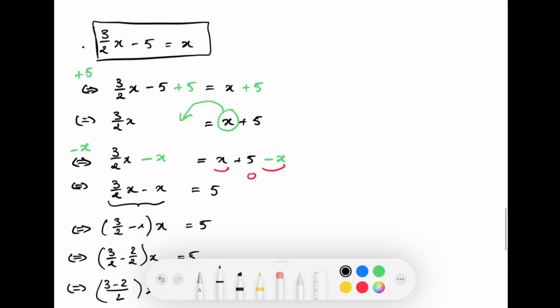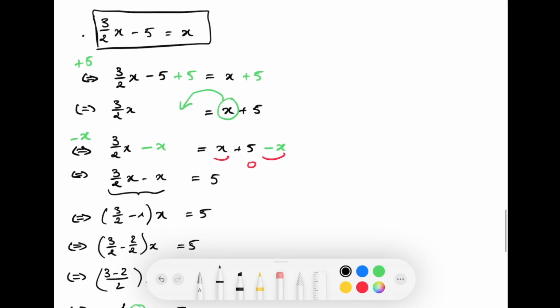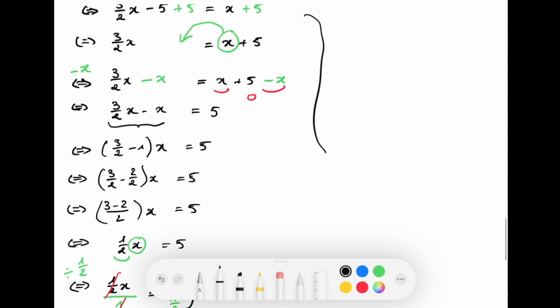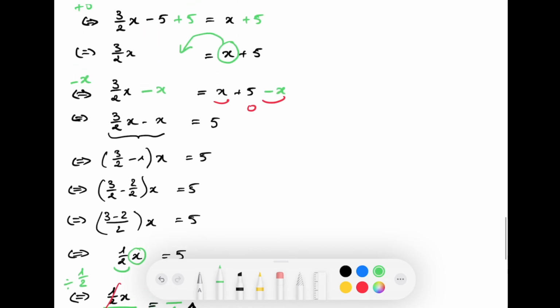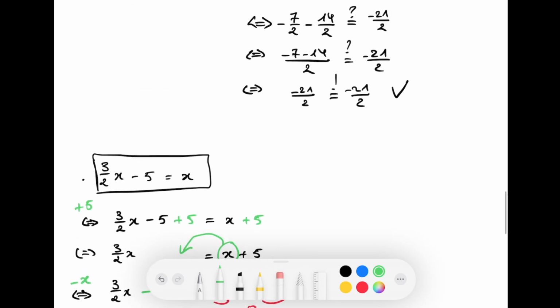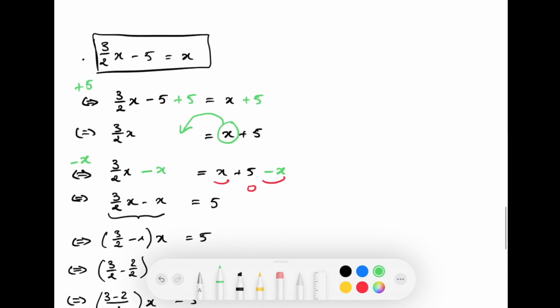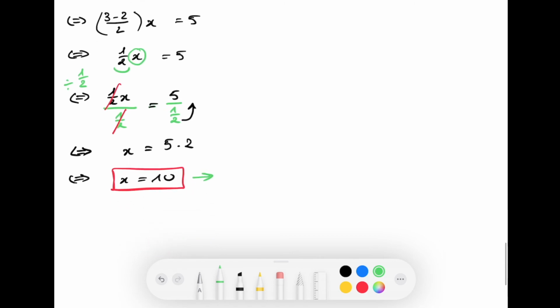As a final check, to see whether we made any mistakes in this rather large calculation, we fill in the result that we had, x is 10, in our original equation. So we have 3 halves times x.